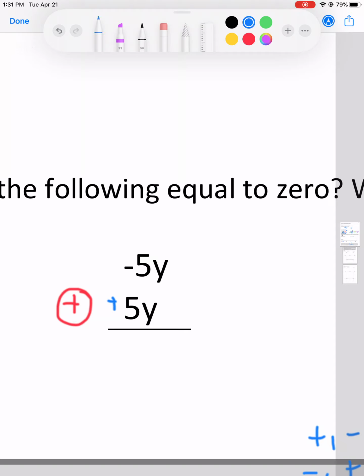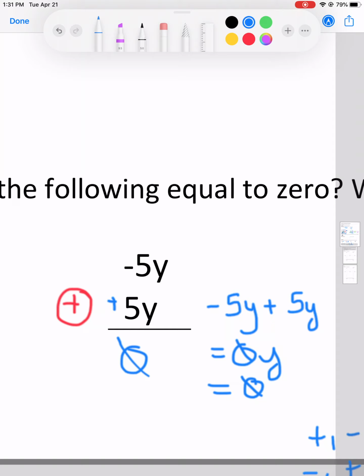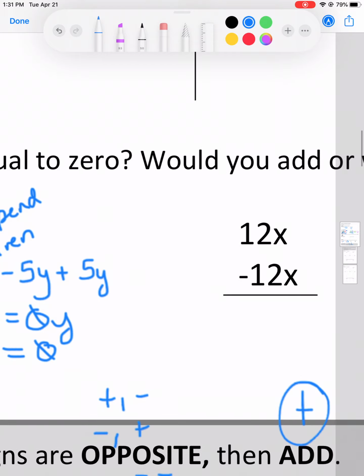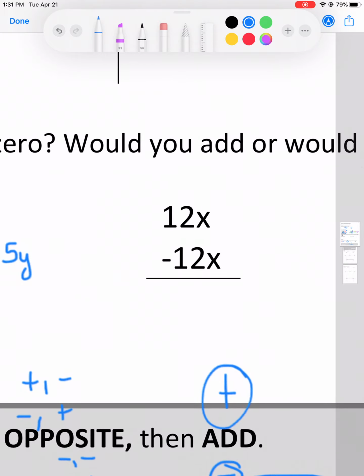So, negative 5y plus 5y, because that's already positive, I don't have to write it twice, is equal to 0y, which is just 0. Remember, if I spend $5, so I'm out $5, and then I'm given $5, I'm going to end up where I was, right?